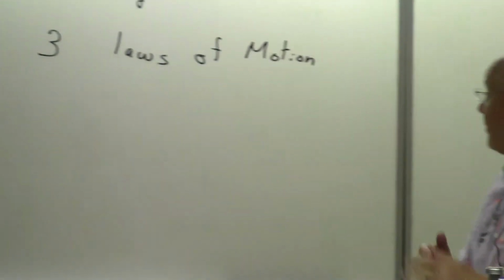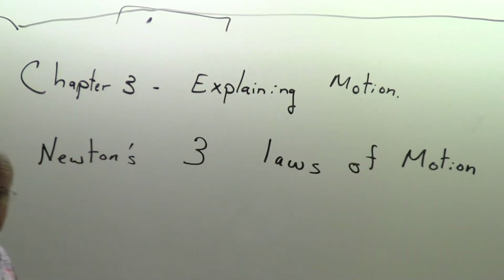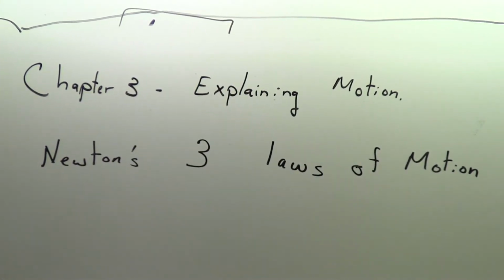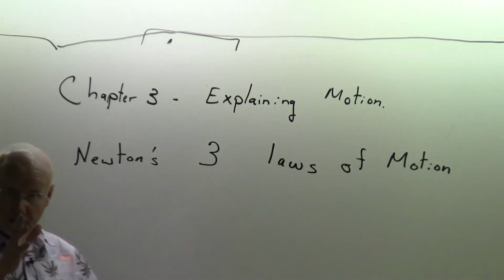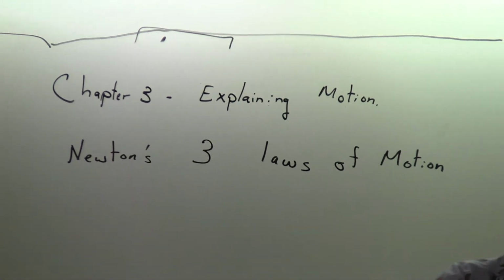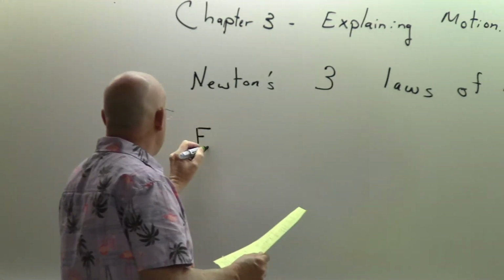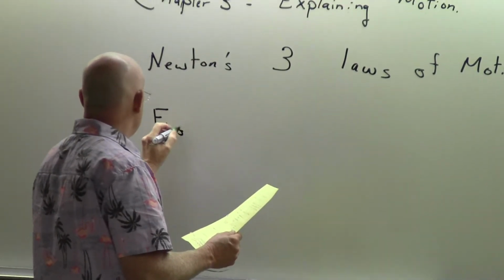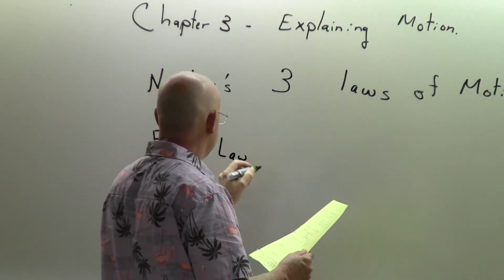All right, with all that in mind, let's jump back over here to what we put on the board yesterday. I erased the rest of it, but chapter 3 was called Explaining Motion, and it is about Newton's 3 laws of motion. If I grab my notes here, you might recall we started by asking, what is Newton's first law of motion?